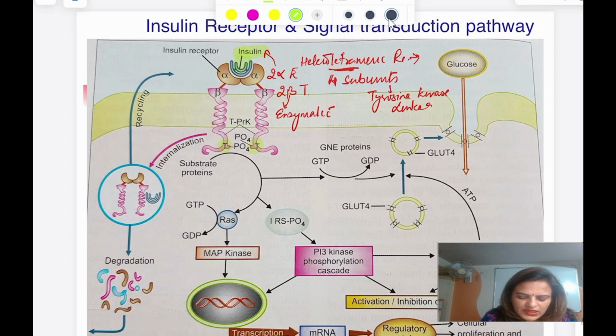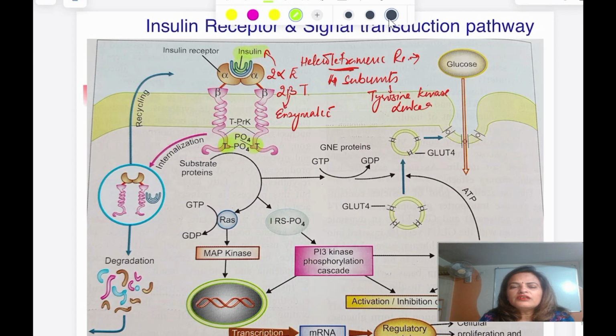The receptor is going to cause the phosphorylation of this enzyme tyrosine. They cause phosphorylation of each other, this phosphorylates this and this phosphorylates this. This is called autophosphorylation.